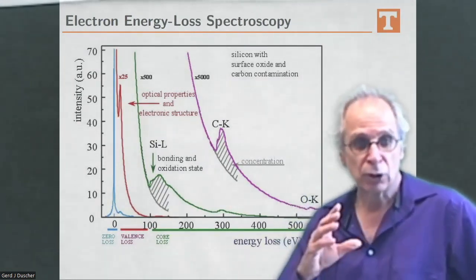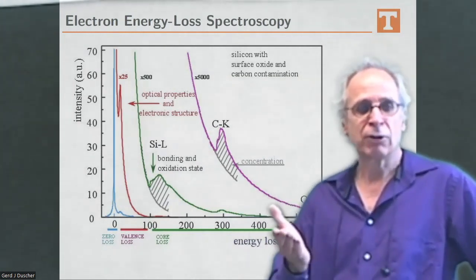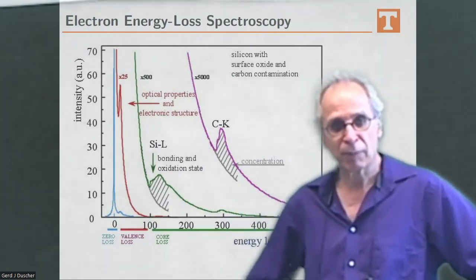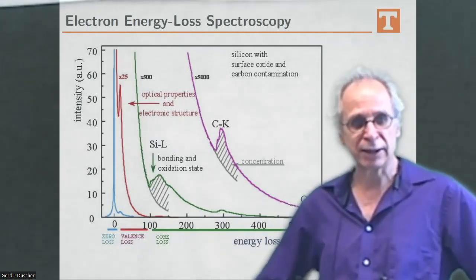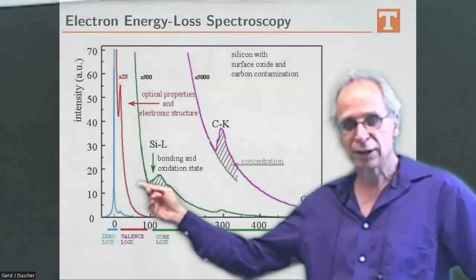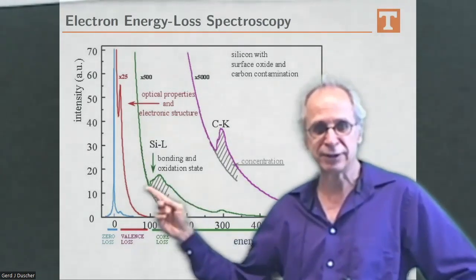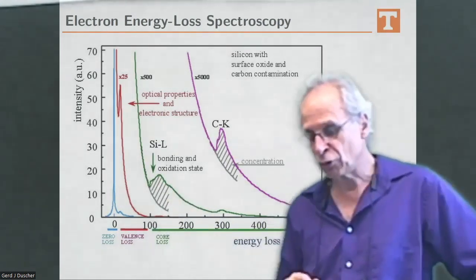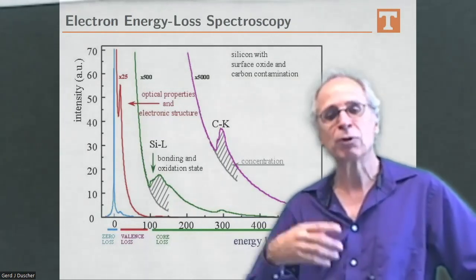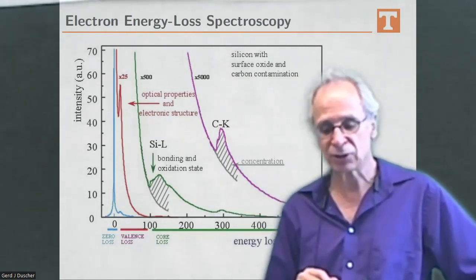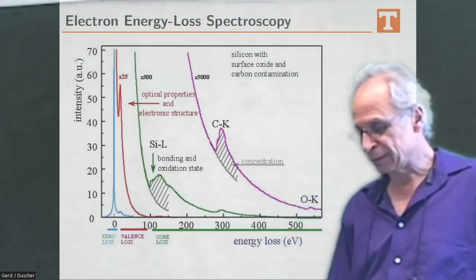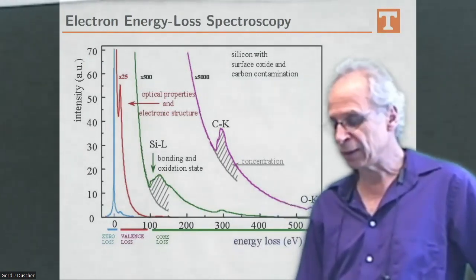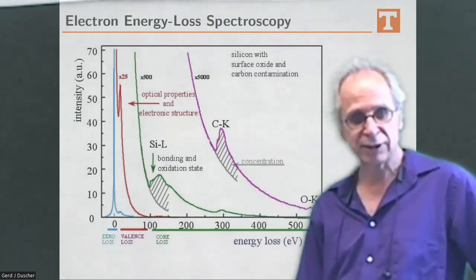On the other hand, if you're looking at silicon dioxide like me for 20 years, you know immediately, oh, okay, that is silicon in non-oxidized state, right? So we do it with human pattern recognition, and again, a lot of things can be done with machine learning in that range.